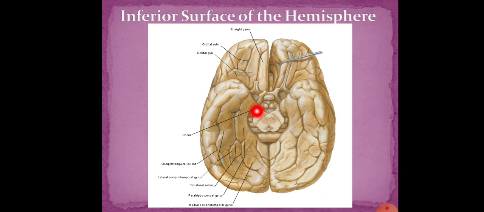So this one is the uncus, here is the parahippocampal gyrus, and this one is the medial occipitotemporal gyrus. The name of this gyrus is the lateral occipitotemporal gyrus.